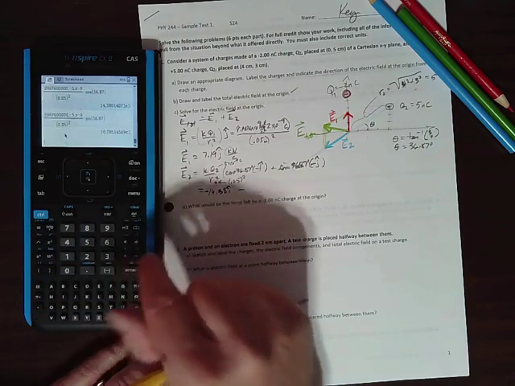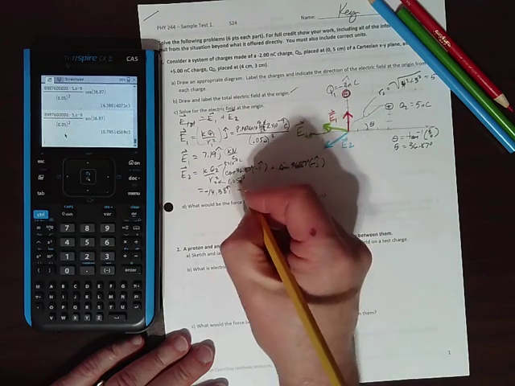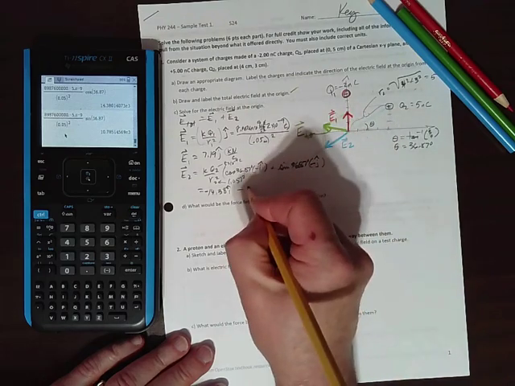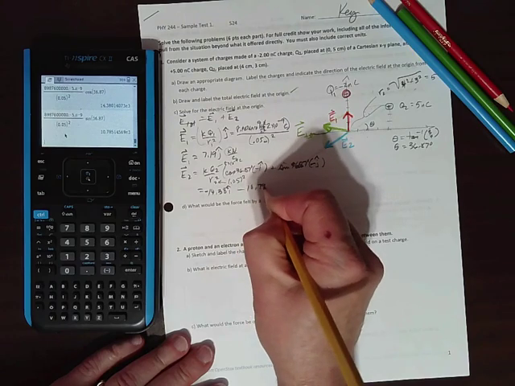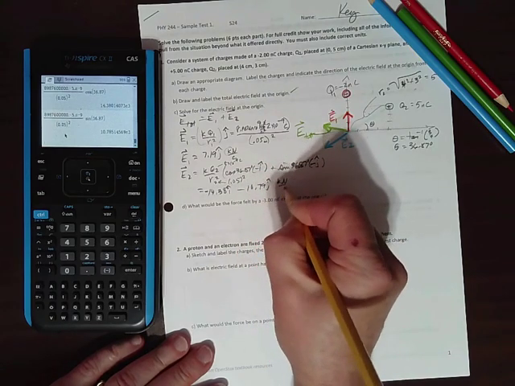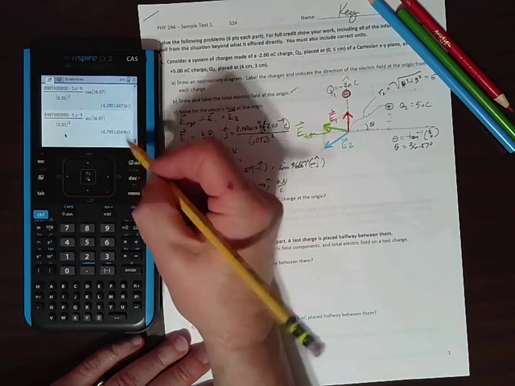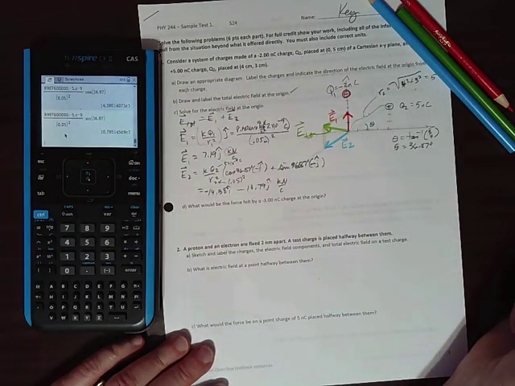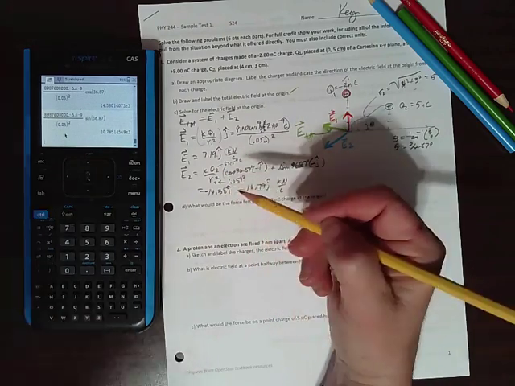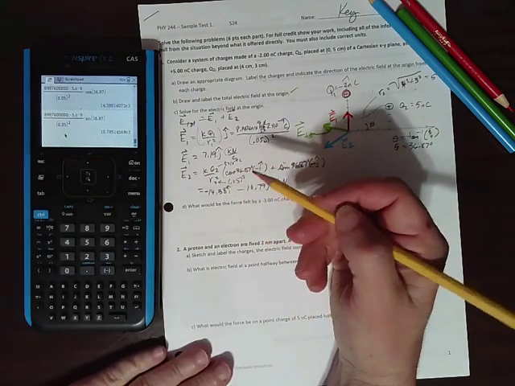Okay. And so because it's a negative j hat, we got this minus sign here, and then 10.79 j hat, and this is also kilonewtons per coulomb because there's this 10 to the third on both of those. Okay, so now we've got both the parts, E1 and E2, in vector form, so we can add them up.